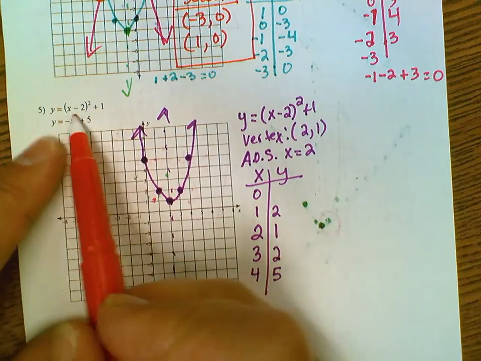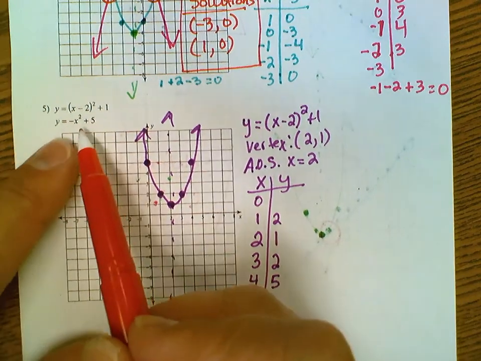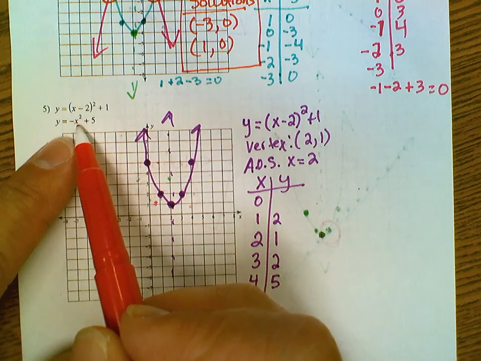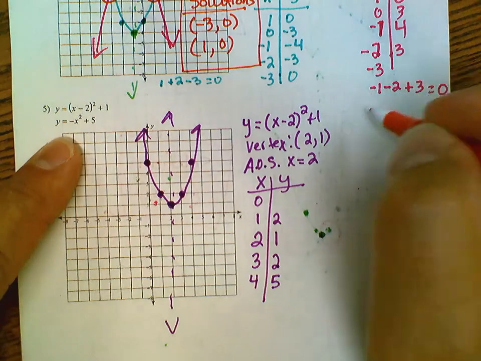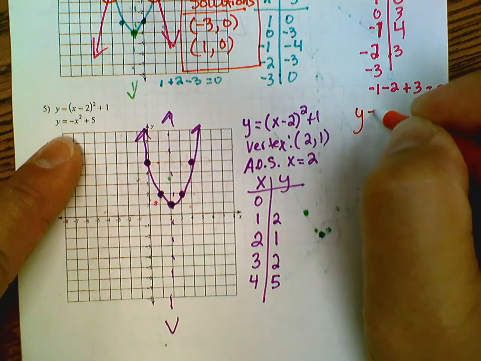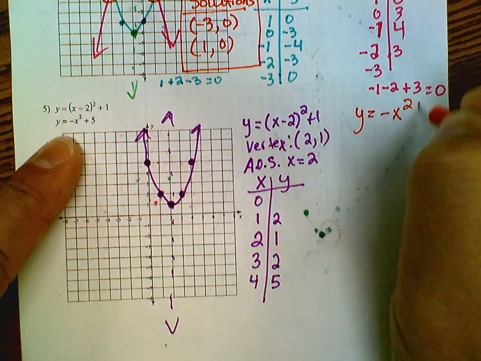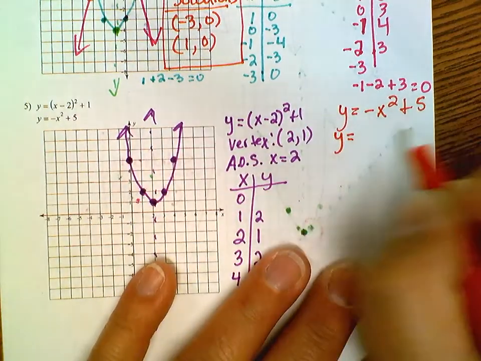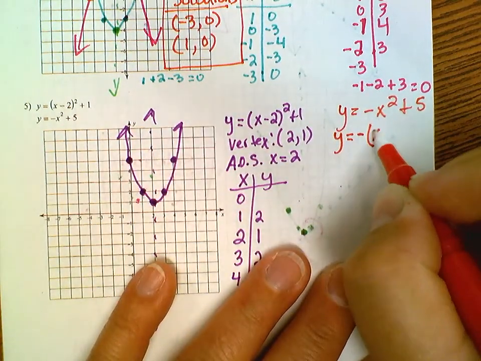When you have an equation like this, you can read it as standard form with a b-value of 0, or you can actually read this as vertex form also with an x value of 0. It depends on how you look at it. I'm going to show you the vertex form because I think you will like that one better.